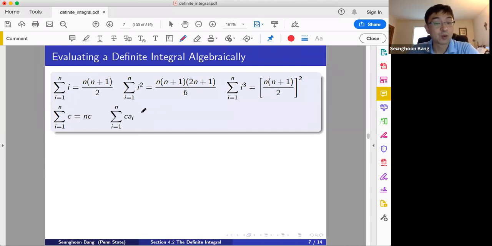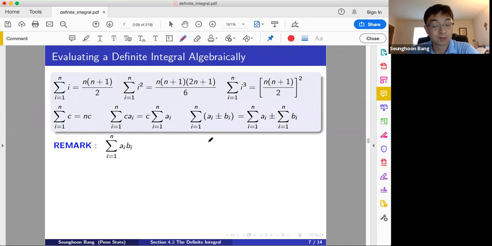So like this. Summation i equal to 1 to n of c a_i: you can take out the coefficient c, so c times the summation from i equal to 1 to n of a_i. In this case, you can distribute the summation over a_i plus or minus b_i. You can use these kinds of rules here.